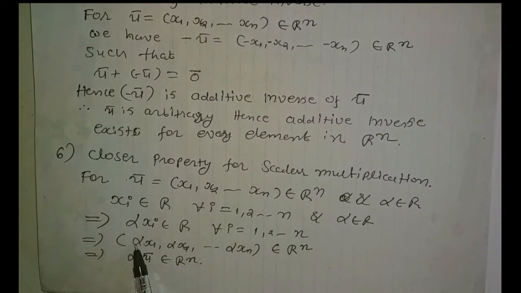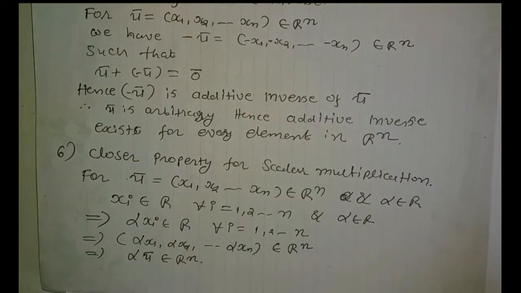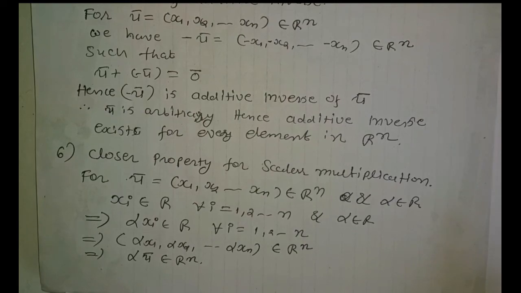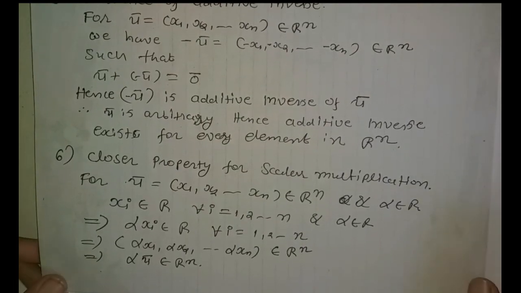So the vector alpha x1, alpha x2 up to alpha xn is also from Rn. This is the scalar multiplication of alpha with vector u bar, so alpha u bar belongs to Rn. So the closure property for scalar multiplication is also satisfied.